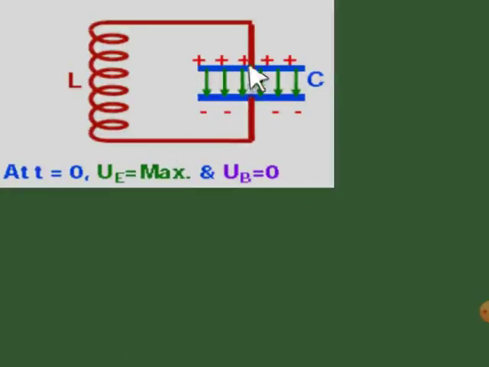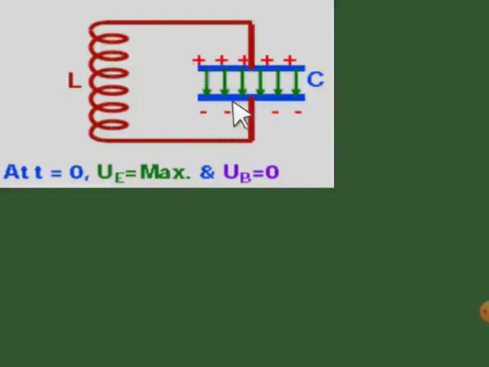What happens when this capacitor is fully charged and is connected to an inductor? The capacitor will try to discharge current through the inductor, and when it is fully discharged, it will charge again. When it is fully charged again, this side will be positive and this side negative, but the polarity will be opposite.